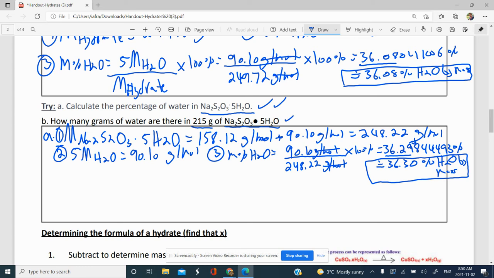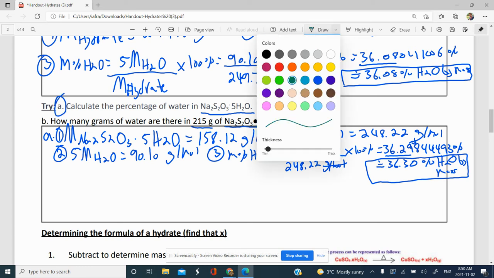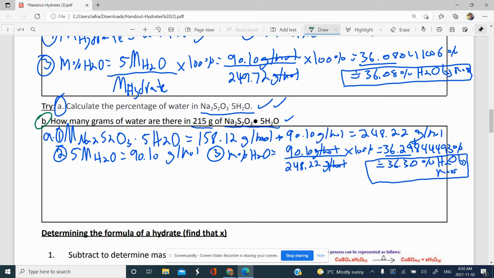Now we just need to do part B. So part A was in blue over here. Part B, we'll do it in a different color. Let's do it in green. So we know the percentage of water in the compound, which is that 36.30. All we really need to do is multiply a percentage by the total mass of the sample provided. So it's almost like saying if you got 36% on a test that was out of 100 marks, you'd do 0.36 times 100, and you get 36 marks.